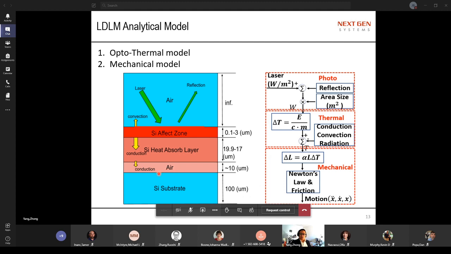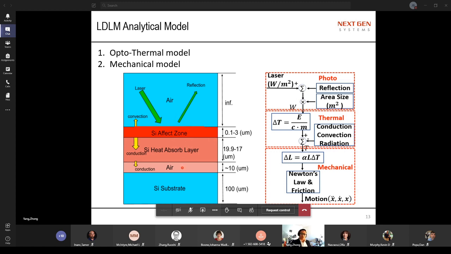Because, like I showed on the last slide, the robot has an angle, there is an air gap between the substrate and the microrobot body. When we shine the laser beam on the microrobot, some laser energy will reflect to the space, and some will be absorbed by the surface of this microrobot.